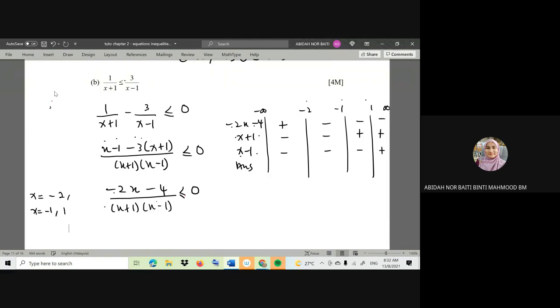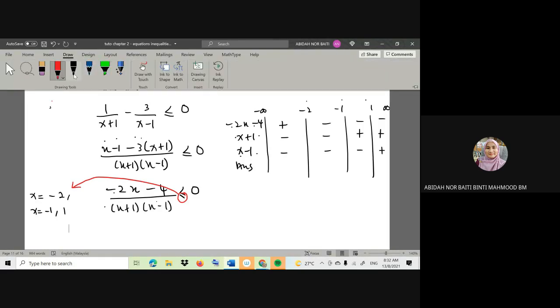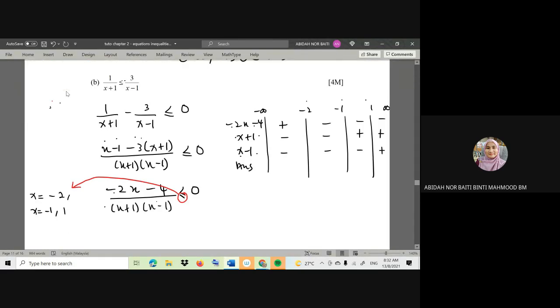Okay, so the equal sign here is only for what? Numerator only, yes. The equal sign is only for the numerator, so we use a filled circle here. The others are empty. So negative, positive is negative, negative, negative, positive.